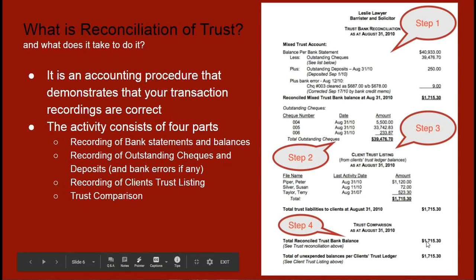The top is what the bank says. The bottom is what your books should say. And when they balance, that's a balanced reconciliation report. And you generate this on a monthly basis.